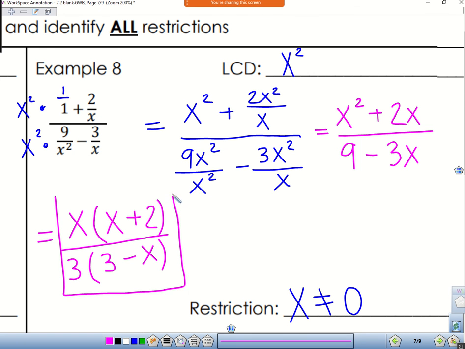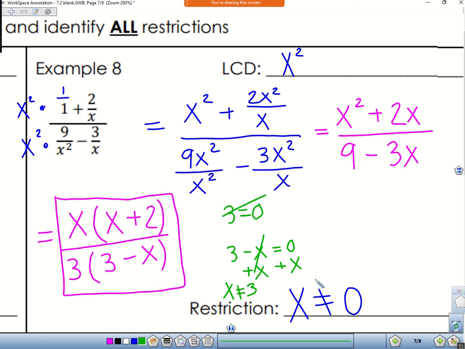But I noticed something else has changed. What do you notice about the restrictions now? There's a new restriction. You see that? So there's a new restriction right here. If I set this denominator equal to 0, 3 equals 0, well that one doesn't matter. And 3 minus x equals 0, if I solve this one, what can't x be also?